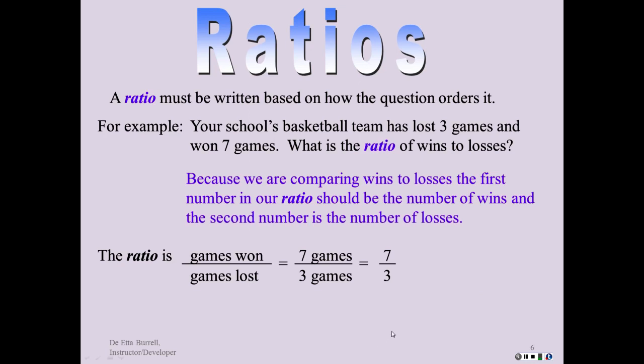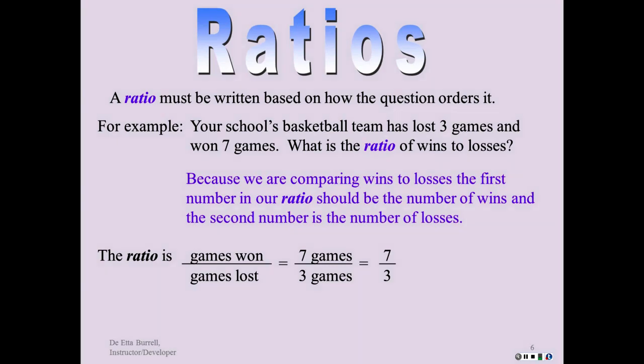Now, this is what the morning class had quite a bit of trouble with. A ratio must be written based on how the question orders it. Here's an example. The first test that you guys have today has quite a few word problems, so you need to make sure you understand how to do these. Your school's basketball team lost 3 games and won 7 games.